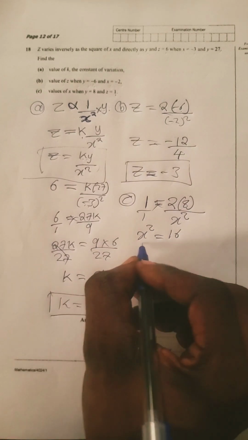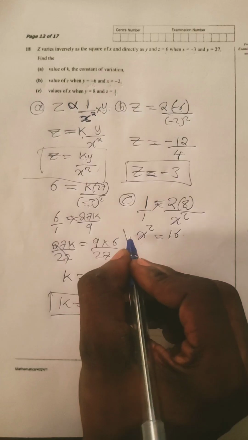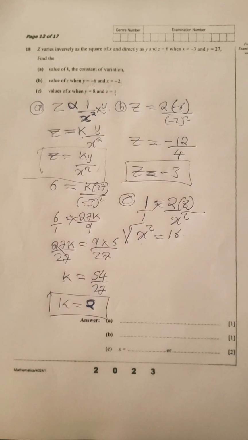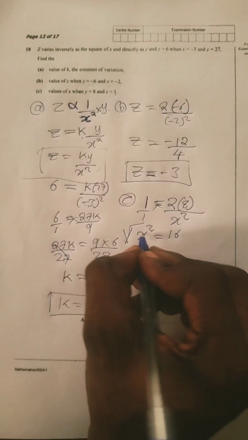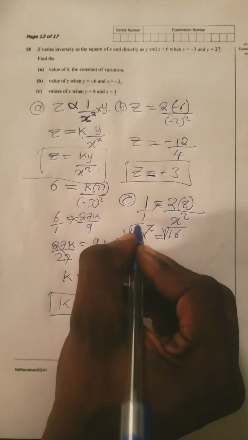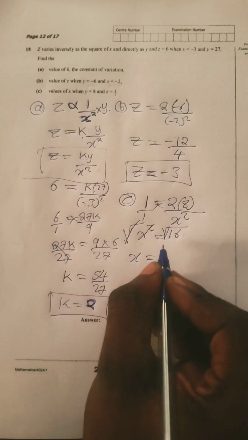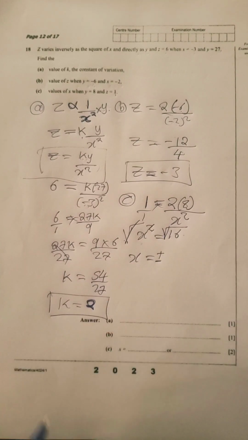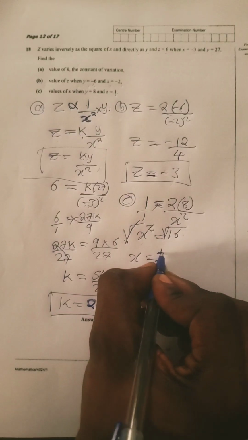That's 16. So for us to find the value of x, to kill this, we'll introduce the square root. When you introduce the square root, even this side, we must introduce the square root, so that this cancels with this. Our x is going to be, when you introduce the square root, it is a must to say plus or minus. You have two values.